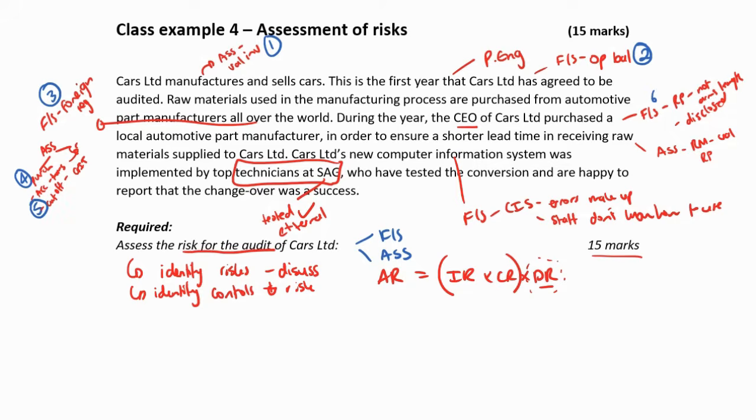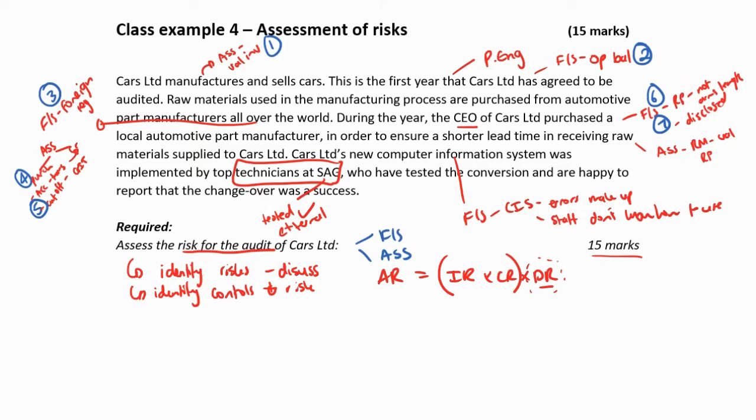Sixth risk, related party transactions. Because the CEO who is related has purchased a supplier that is now going to transact with the company, there are related party transactions. So therefore there's a risk that they are not at arm's length, and there's a risk that they are not disclosed.